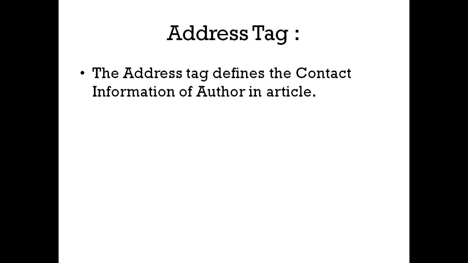So that is our author who is writing the article, and at the end he writes the author name, meaning whoever wrote this article, the name will be there. But not the author name, rather the author's address information, like contact information, email address, home address, phone number, etc. We can write inside this address tag.